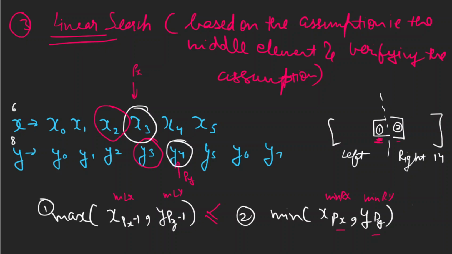If max left x is greater than min right y, well, this element has to be smaller and this element has to be greater, but it's not the case.